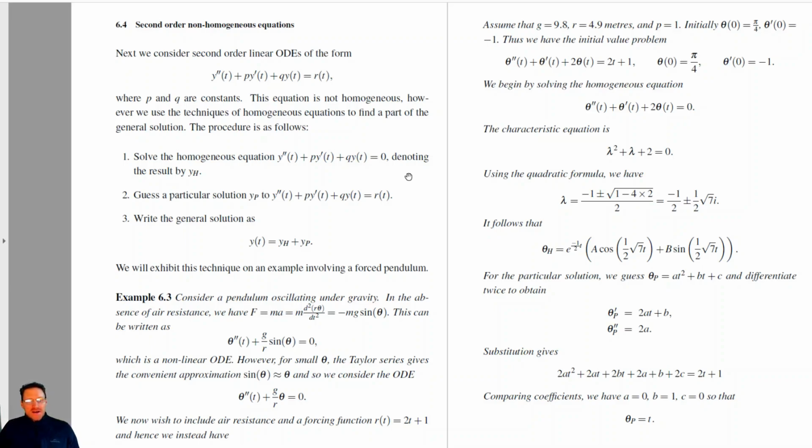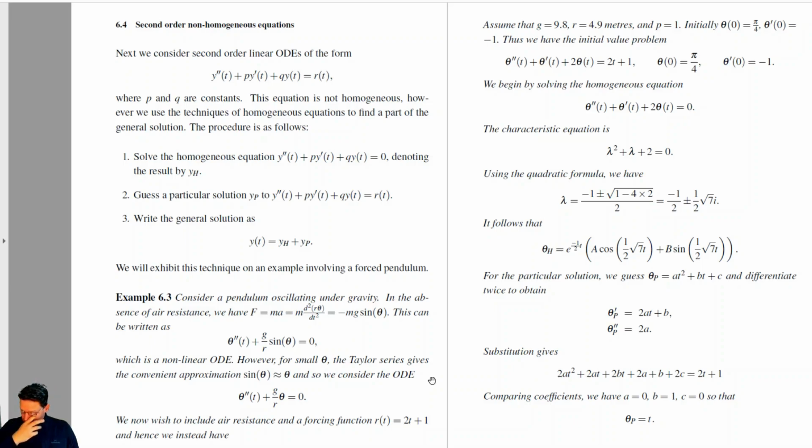So that's a nonlinear second order ODE. It's nonlinear because sine theta is a nonlinear function in theta. But fortunately for small theta, the Taylor series gives us an approximation, saying sine theta is approximately equal to theta. So we can simplify this ODE when theta is small, because the Taylor series is accurate when the thing you're taking the Taylor series about, in this case 0, is close to the actual theta.